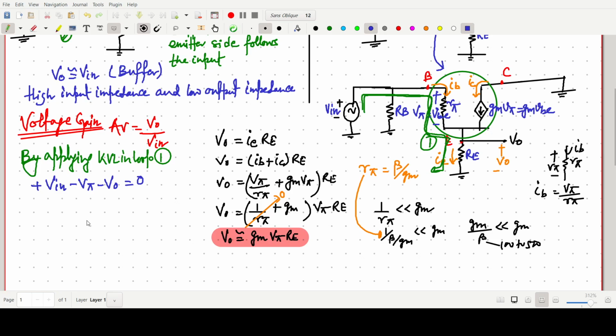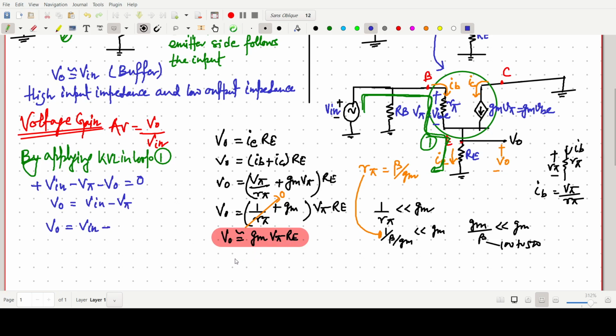Then after, what we can write is Vo equals simply Vin minus v pi. Vo we have put here. Okay, so Vin minus v pi. Now Vo equals Vin minus v pi. Okay, so it should be Vin and v pi.